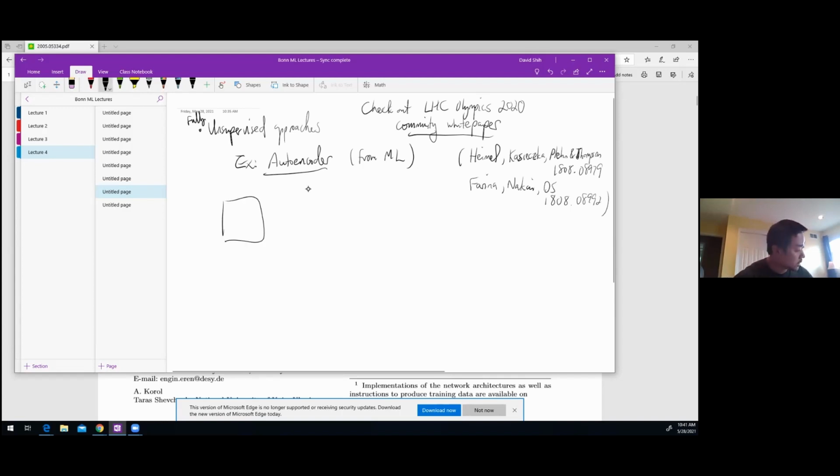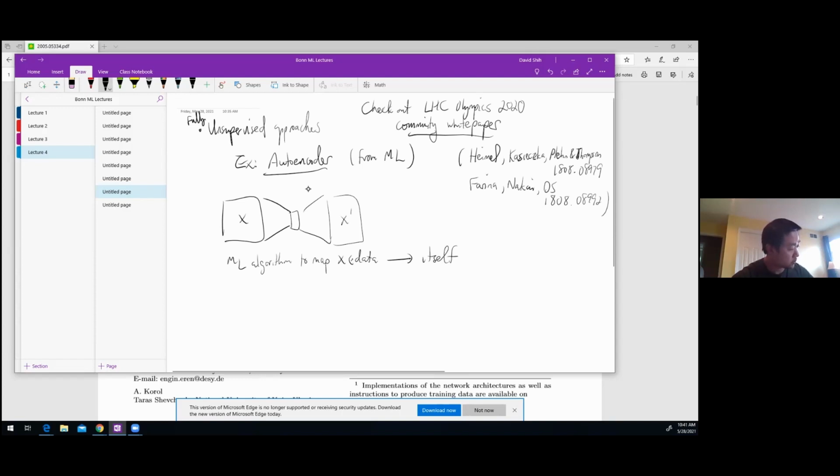What the method is, in a nutshell, is we train an ML algorithm to map X in the data back to itself.